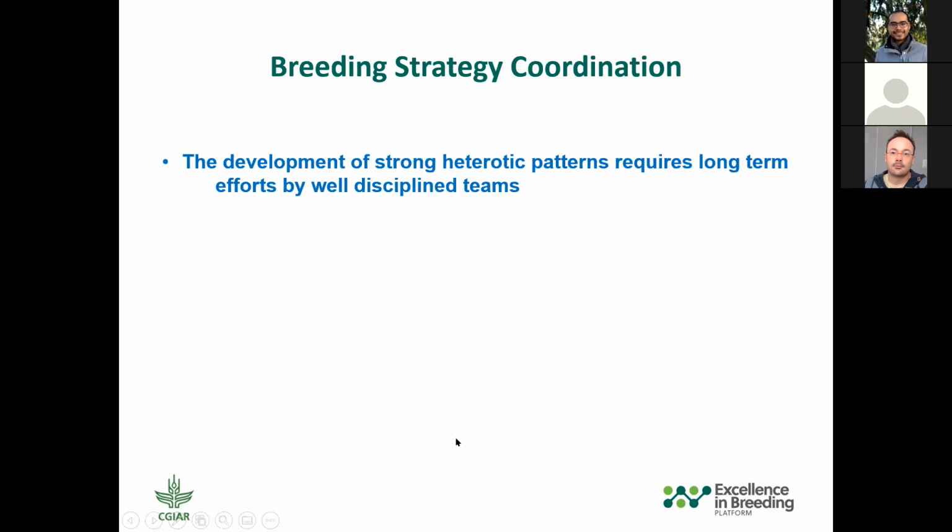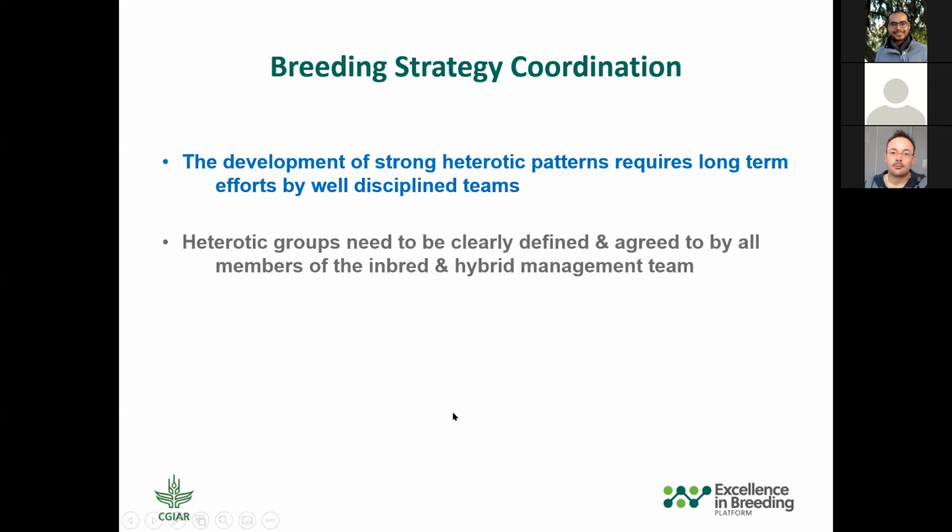Next, move on to a few thoughts on breeding strategy coordination. And again, to really make these hybrids successful, you need to develop strong heterotic patterns, and that requires long-term efforts of a well-disciplined team. More specifically, what I mean is that heterotic groups are clearly defined and agreed on by all members of the inbred and hybrid management team.